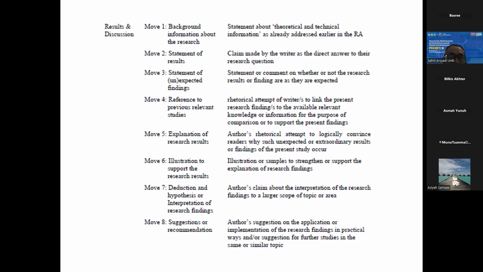So to make it stronger and more convincing. And for move four, of course, you need references here because you compare your findings with the findings of others.